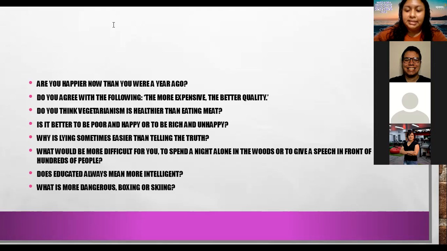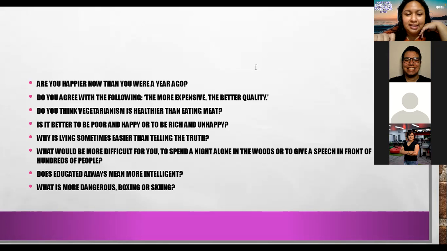Correct. But for example, my cousin is often sick, so probably she has lower defenses than a person who eats meat. Okay, all right. So would you say she needs a little bit more meat in her life?